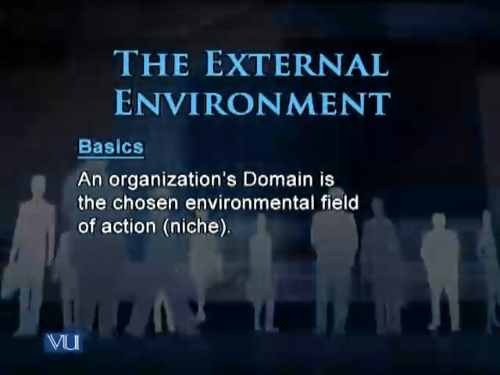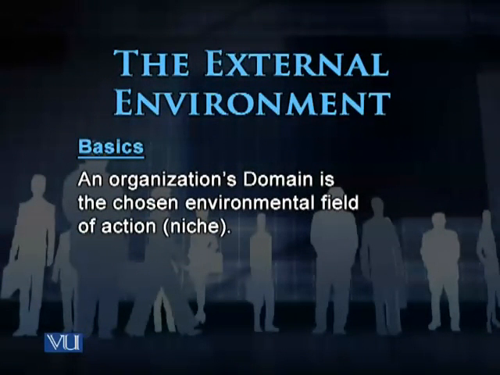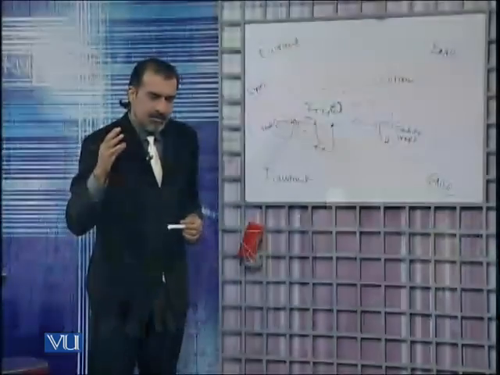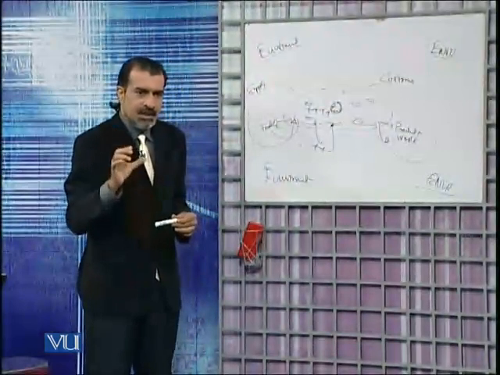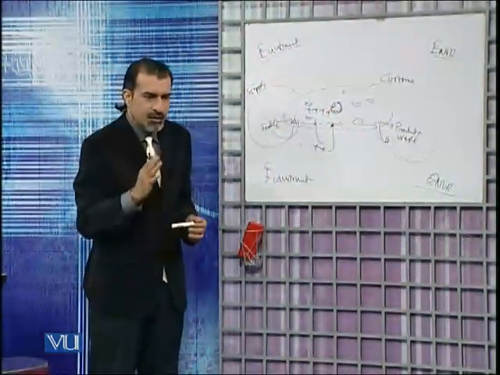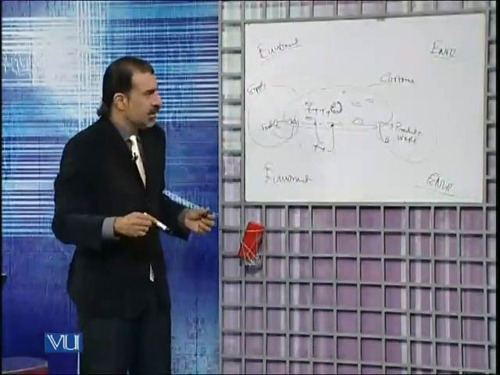So an organization is then surrounded by its general environment, but it also has an immediate environment which is called the domain of the organization, and that domain is actually its niche, where the company thinks it can survive in the environment, it settles down in that particular segment of the environment.